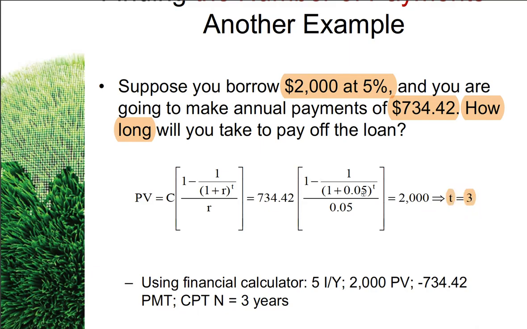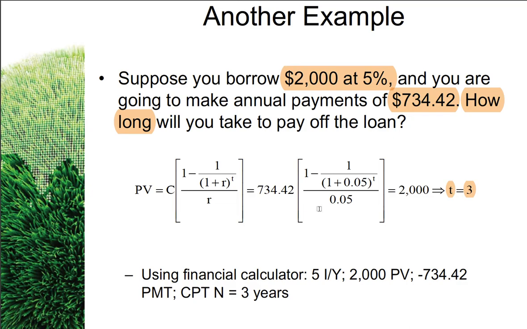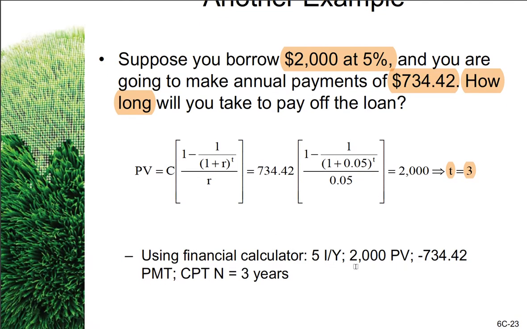We use algebra, so you will get the formula. From this formula you need to calculate how to get t, but I suggest you use a calculator that is easier. You press 5 as your interest rate, 2,000 is your PV, negative 734.2.